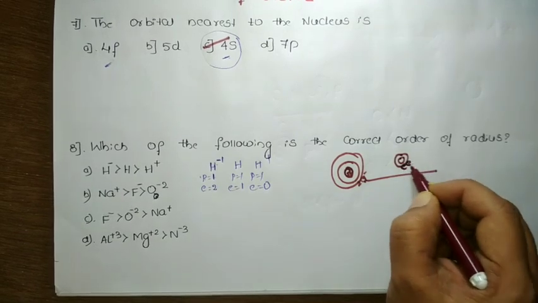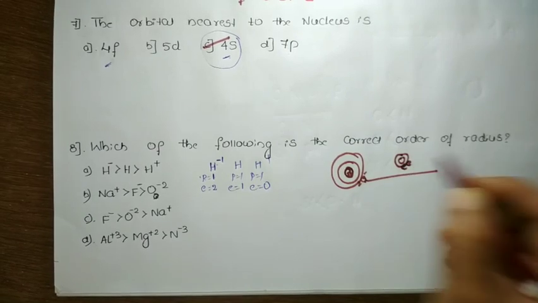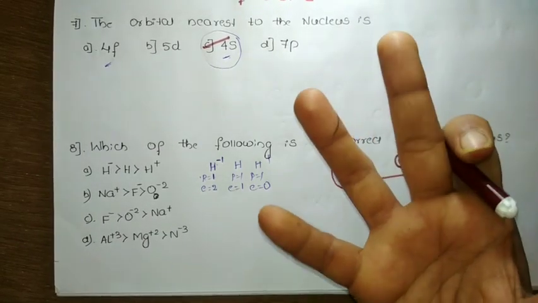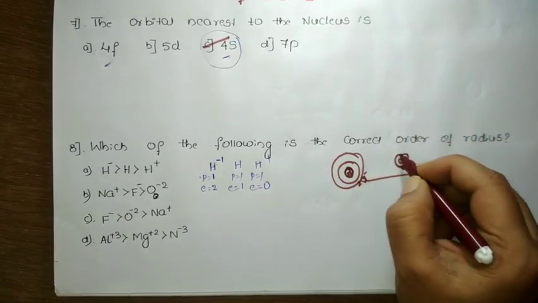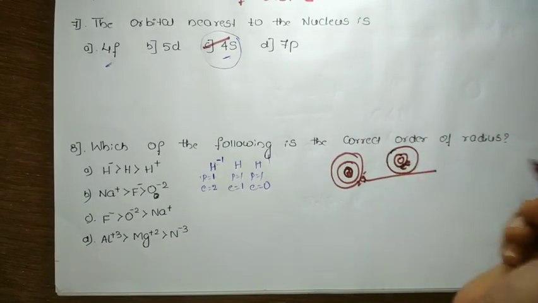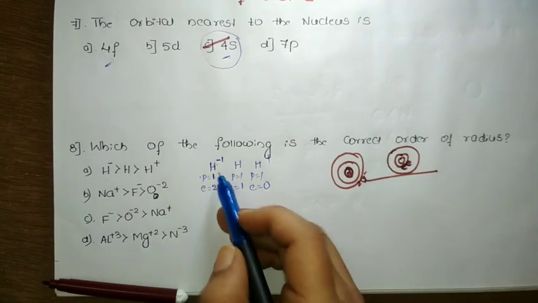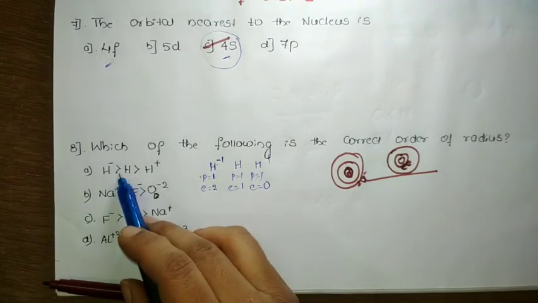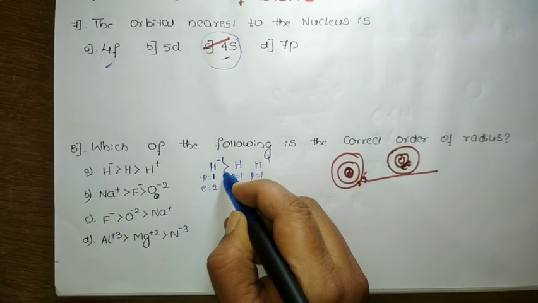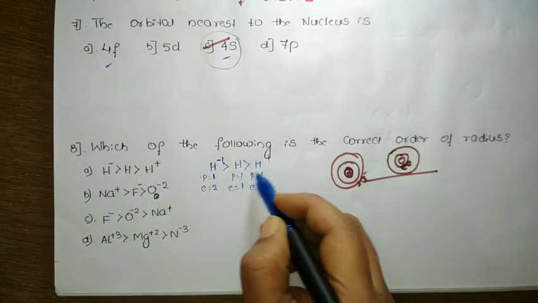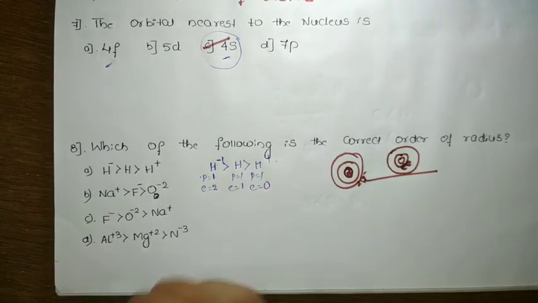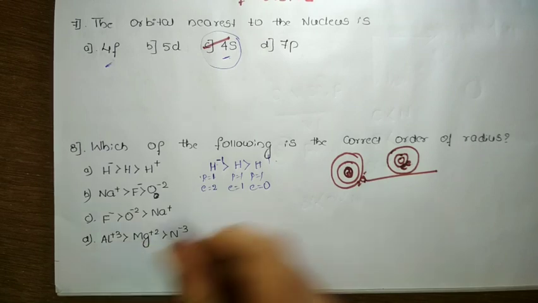As the repulsion occurs, they start moving away from one another. So what happens? The size automatically increases. So it is H minus, according to what they have given, the atomic radius is more than hydrogen, than the H plus ion. Okay, this is how you need to write.